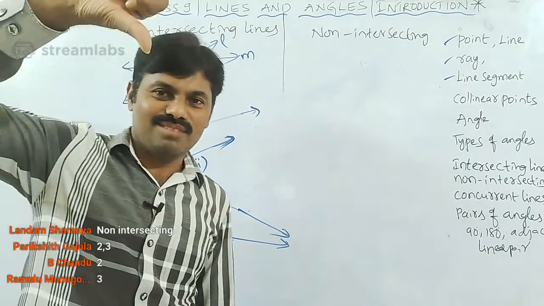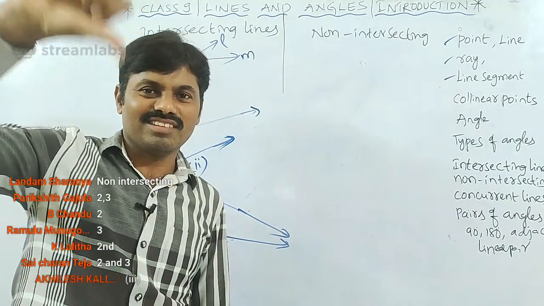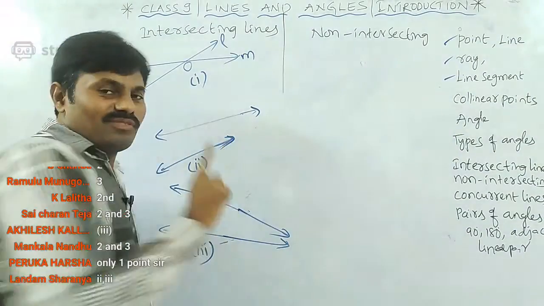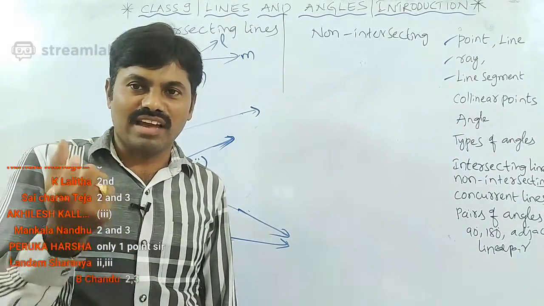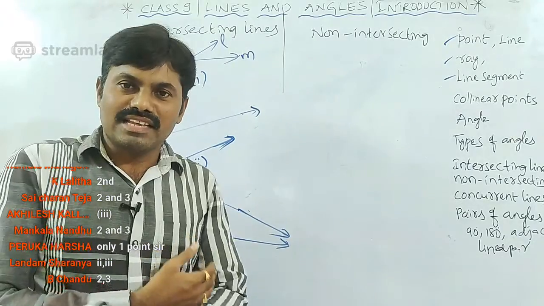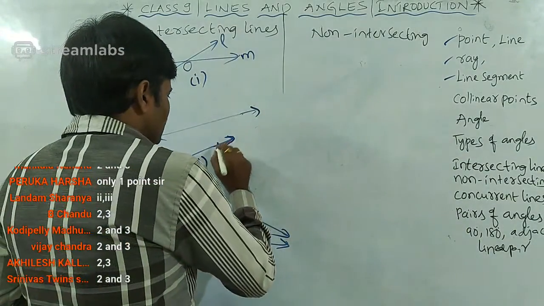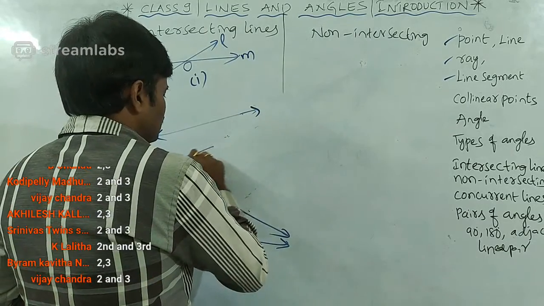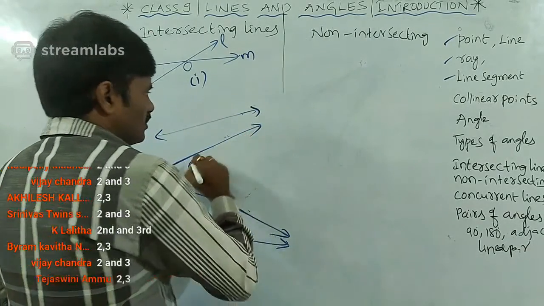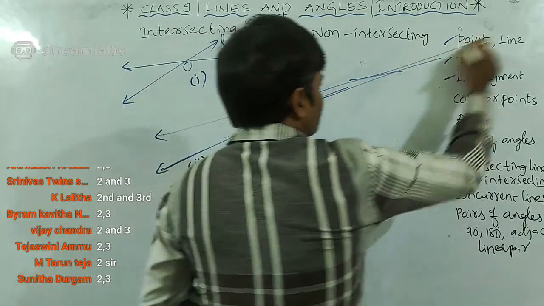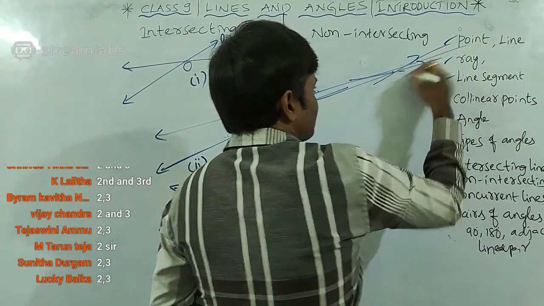Then thumbs down for you all, thumbs down. Because, if we go by the definition of a line itself, lines are extending. See here, if you extend like this, these two are somewhere intersected. Here intersected.